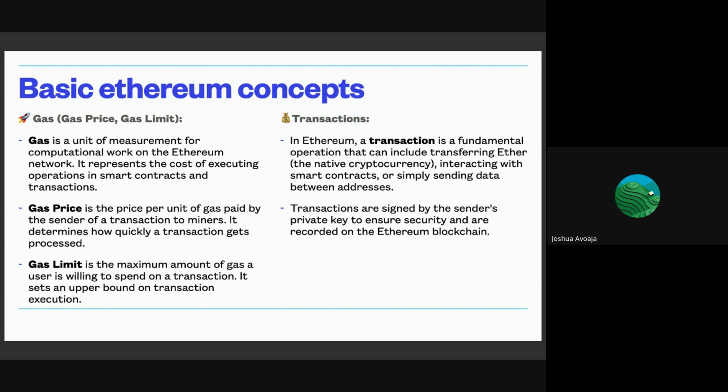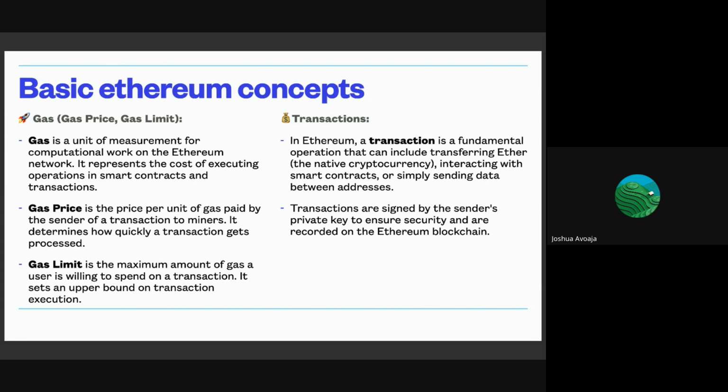So gas limit is the maximum amount of gas a user is willing to spend on the transaction, and it sets an upper limit on transaction execution. So when the user is trying to send a transaction on the blockchain and they specify a gas limit, as long as there are no validators to process that transaction within that gas limit, the transaction is going to be pending.